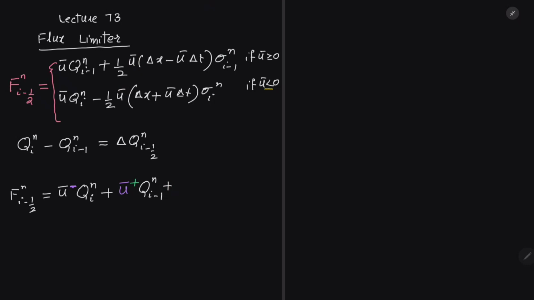So we can write 1/2, u bar mod, delta x, minus u bar delta t, and finally it depends what is over here.